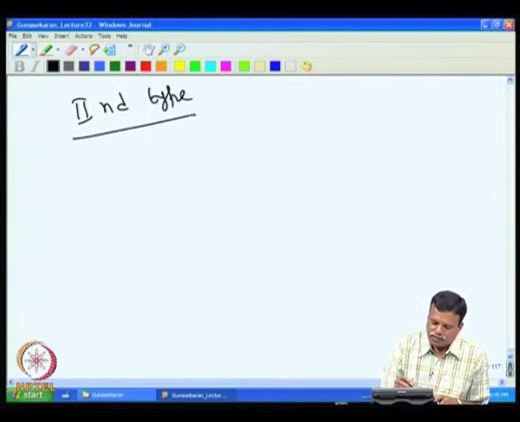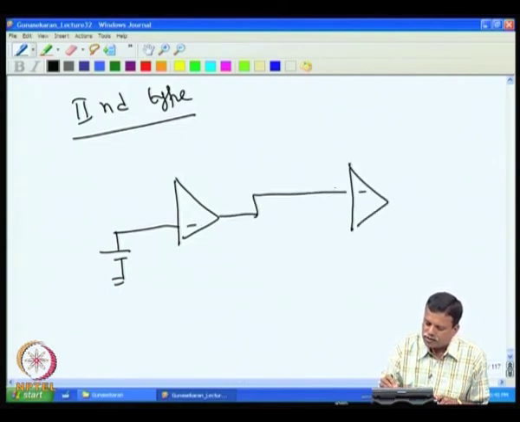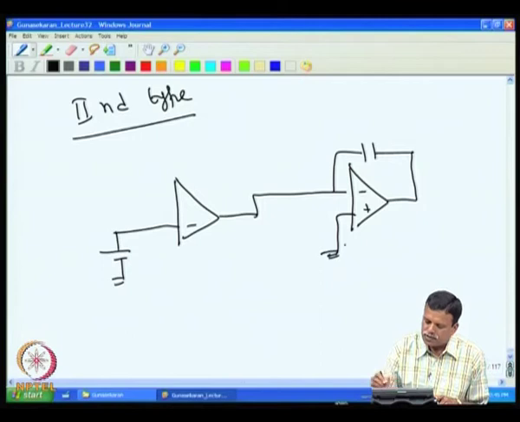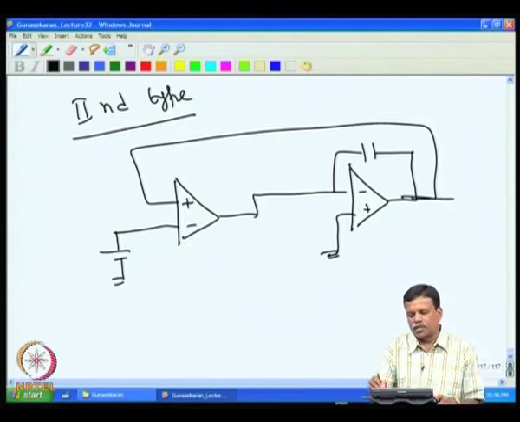Now, there is another type of sample and hold amplifier, the second type. The input voltage can be given here, charging a capacitor, and this can be given to the plus input of an amplifier, so the output can come here.